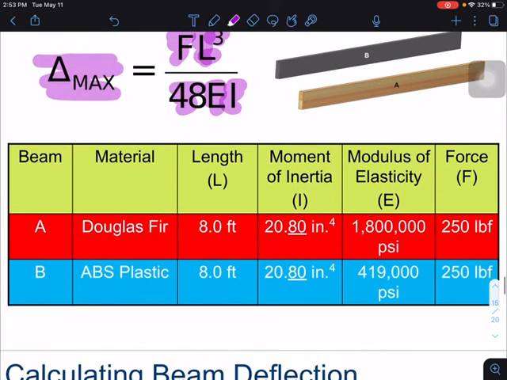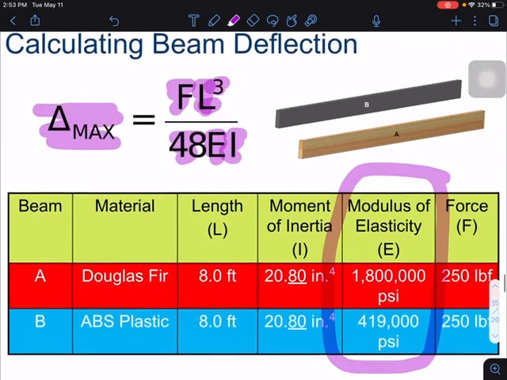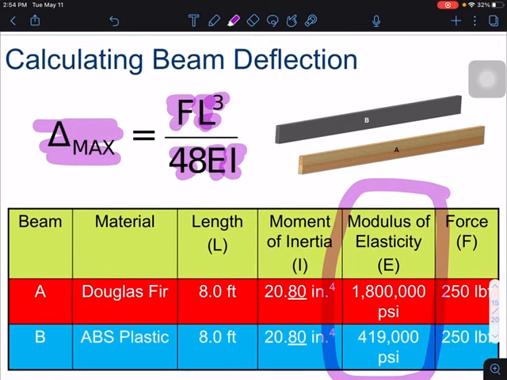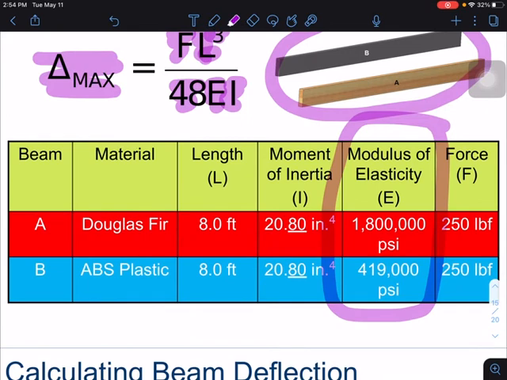Everything is the same except for the modulus of elasticity, which deals with the difference in what these two materials are made of. One is plastic and one is wood. The wood has a modulus of elasticity of 1.8 million PSI, which stands for pounds per square inch. The plastic is 419,000 PSI.